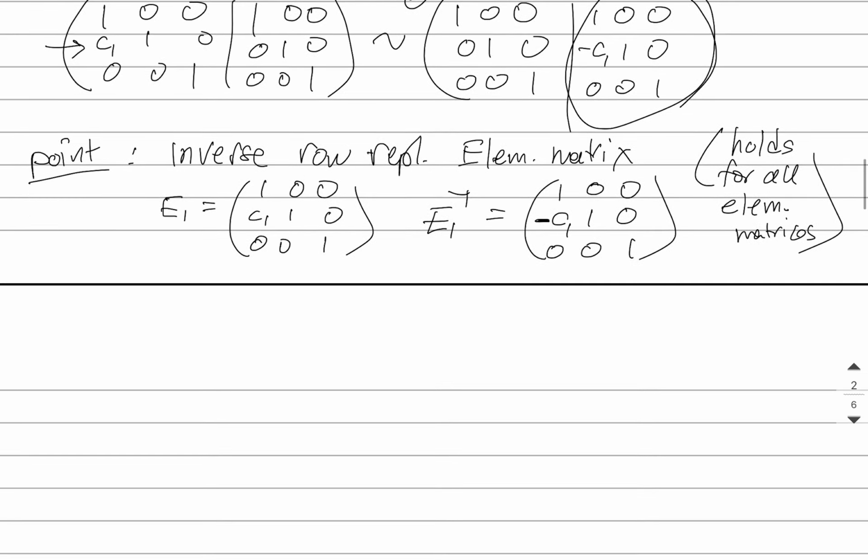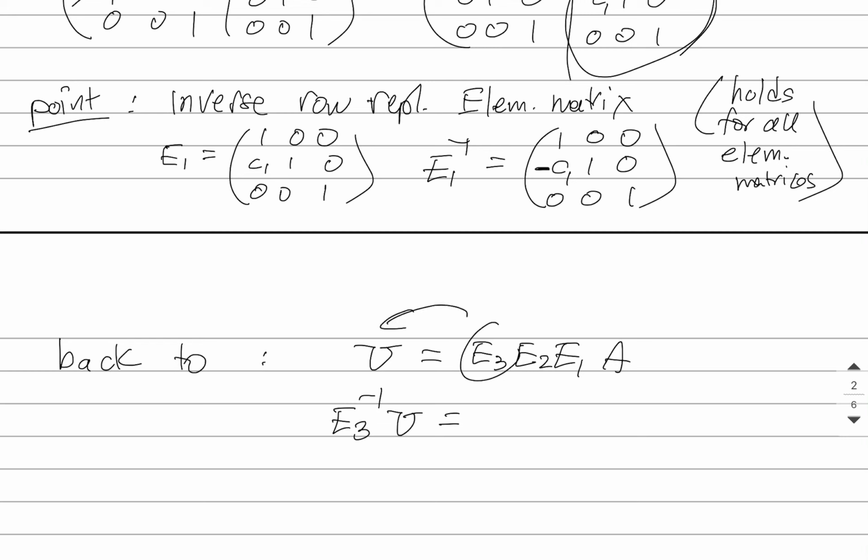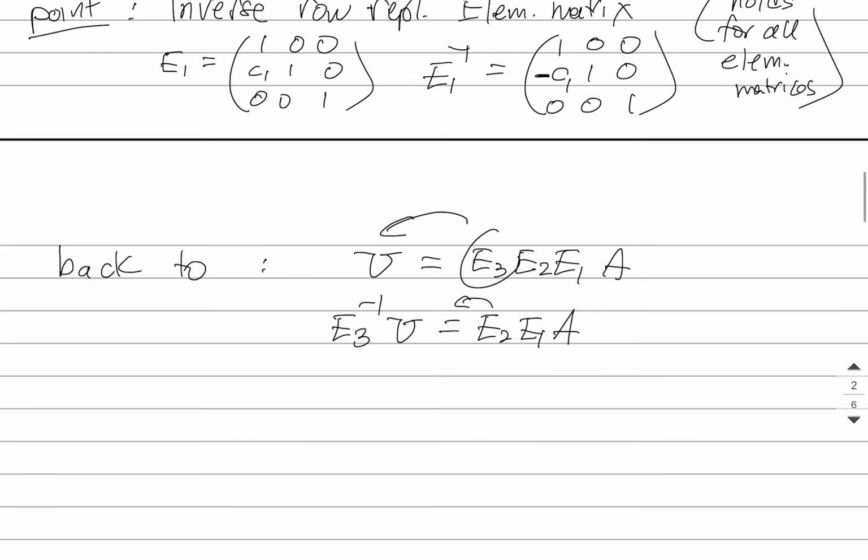Now, how does that help us? Okay, so we come back to the following. We have U is E3, E2, E1 times A. We're trying to get the A by itself. So that means we are going to apply the inverse to remove these factors one at a time. So we apply the inverse to both sides to remove that one. Same thing is going to happen here.